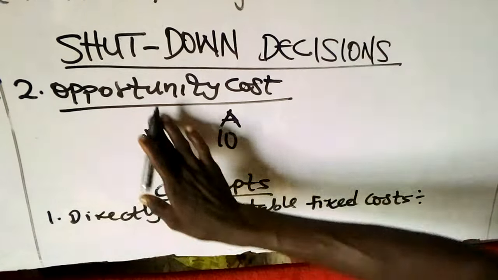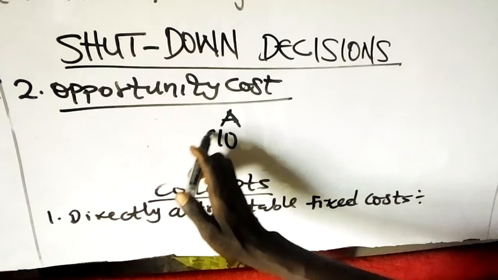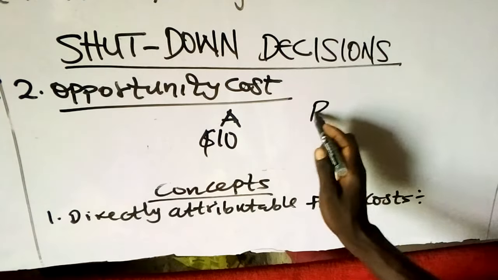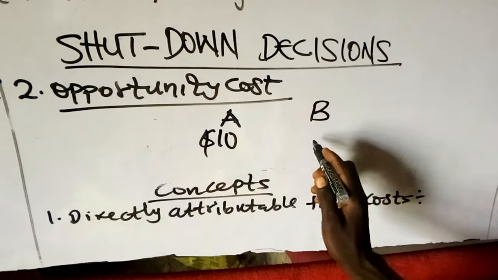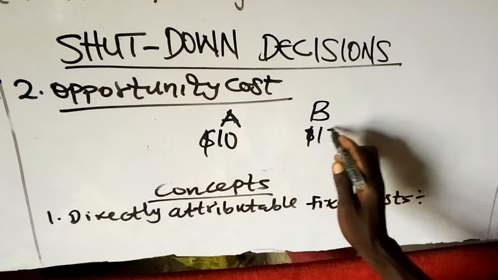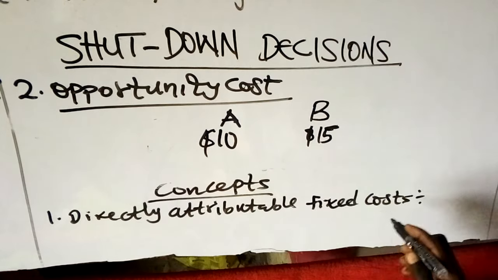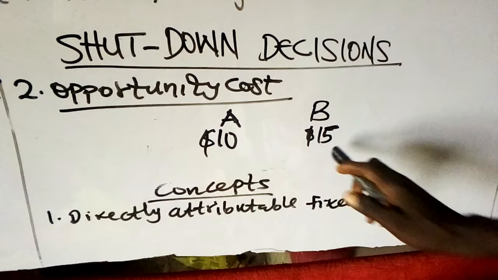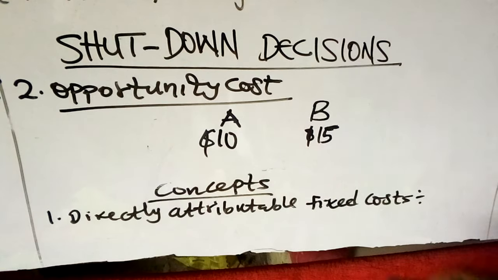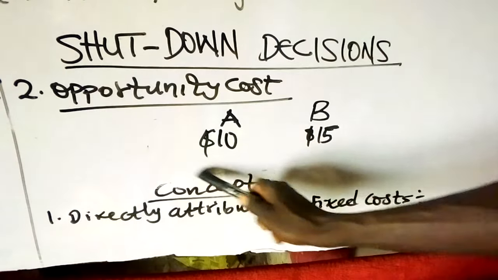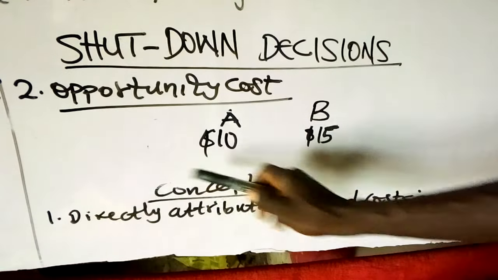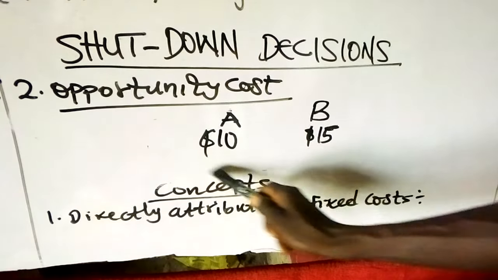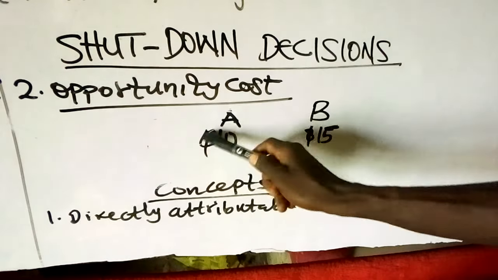Let me say product A used to fetch you a contribution of $10 per unit. You just discovered product B, and this product B will fetch you a contribution of $15 per unit. If you now choose to execute product B, maybe the materials needed for product A have to be diverted to product B. That means you cannot carry out both product A and B at the same time.